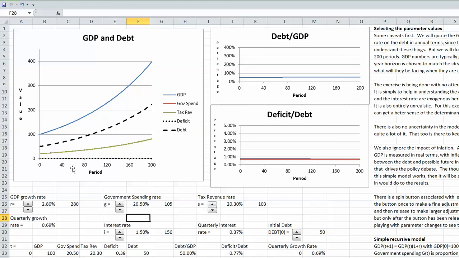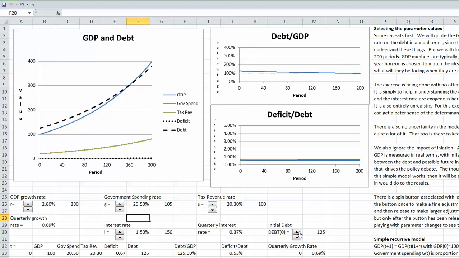Now, you can do other sorts of comparatives here, so you can change the initial debt level. And so let's make it 125. Get it up a little bit more. And so here's a case where you see the debt to GDP ratio is coming down. If you wanted to make it come down a little bit more, you could raise taxes a little bit more.